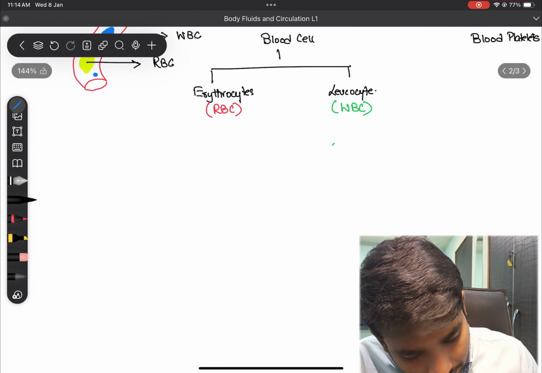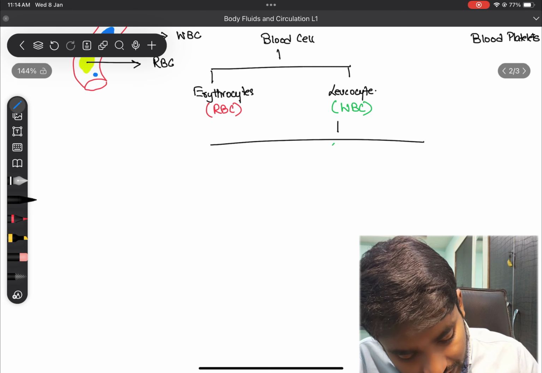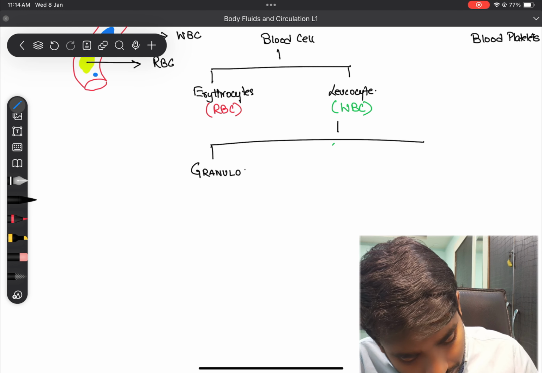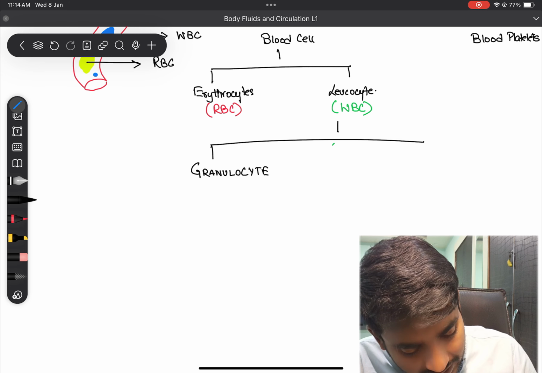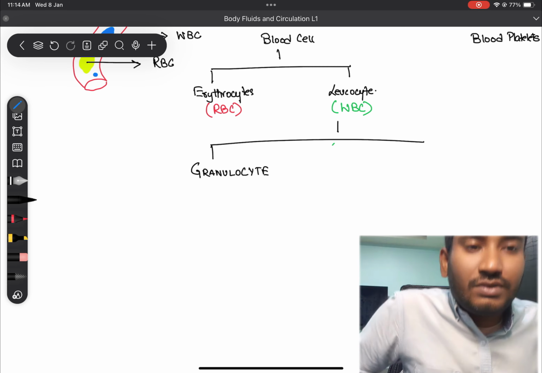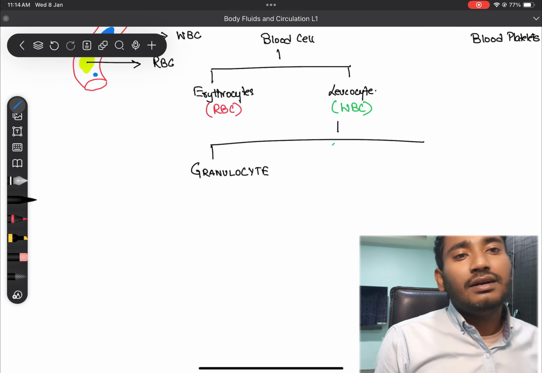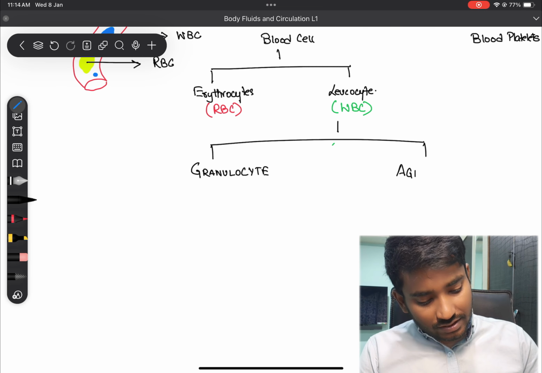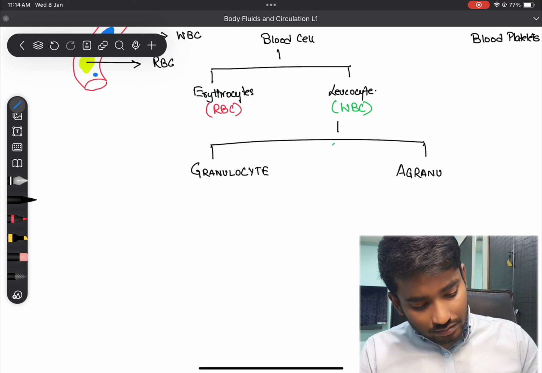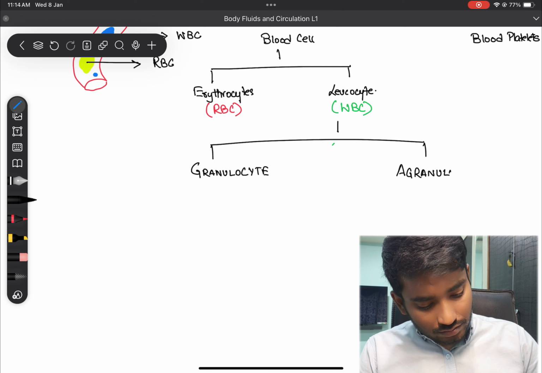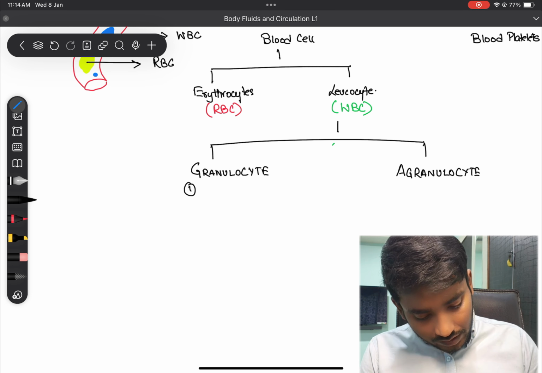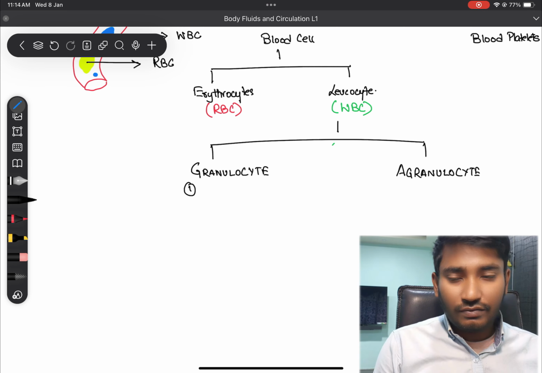Now the WBC can be differentiated into granulocytes and agranulocytes. These are the sites from where questions come. Granulocytes contain neutrophil, eosinophil, and basophil.